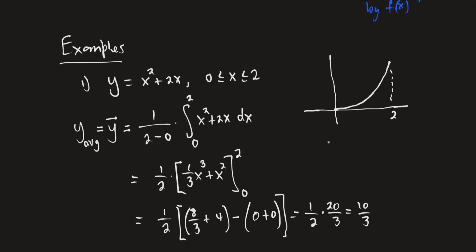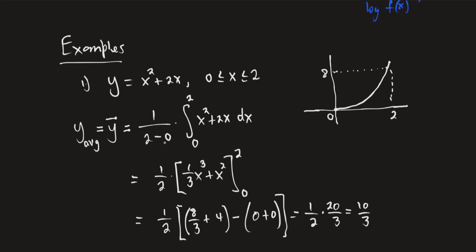Well, what does this mean with respect to the graph? Well, okay, so let's see. So we know that on the interval 0 to 2, this function starts at 0, and then when x is equal to 2, let's see what the y value would be. It's going to be 4 plus another 4, that's 8.